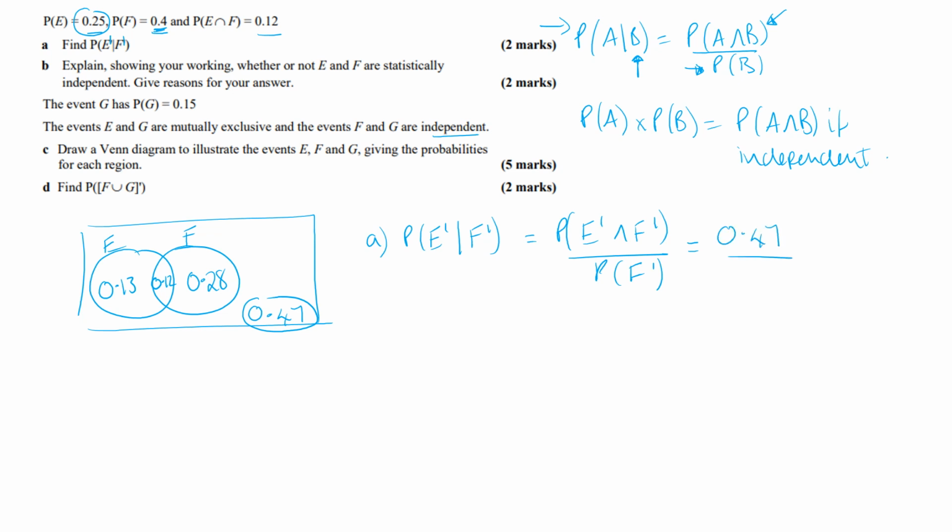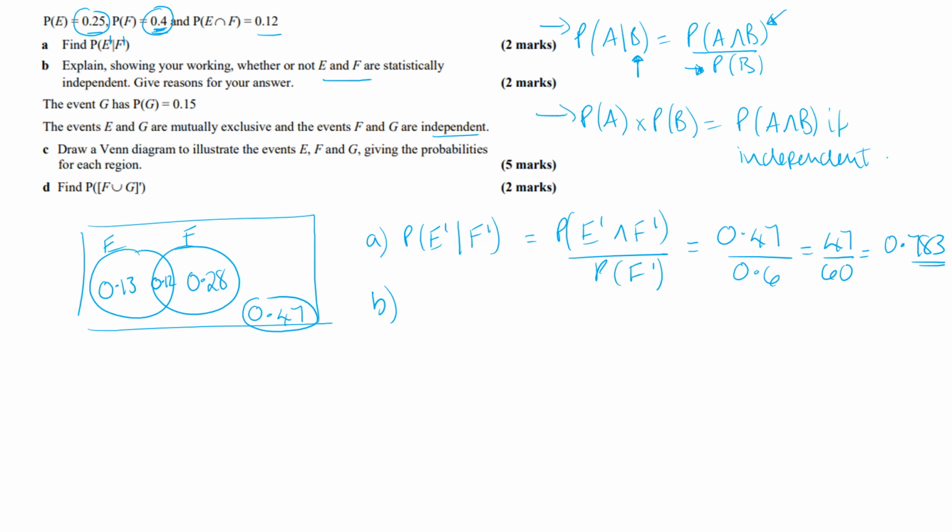And the probability of F dash, well, if F is 0.4, then F dash is just 1 minus that, so it's going to be 0.6. So we can write that as 47 over 60, or to 3 significant figures, given as a decimal, is 0.783.